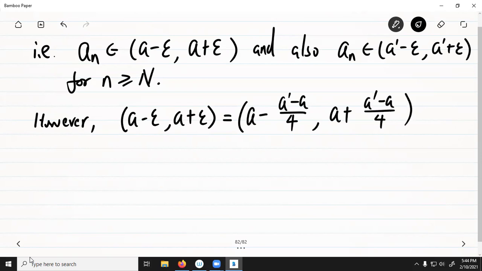So if you do the calculation, it would be 4a, 5a, right? 4a, 5a. Minus epsilon, so it's 5a. Yeah, I made a mistake here. 5a minus a prime over 4, comma. So this is 3a plus a prime over 4.